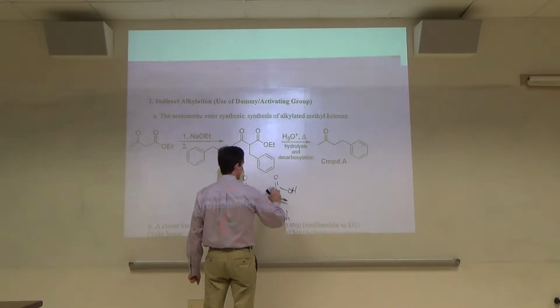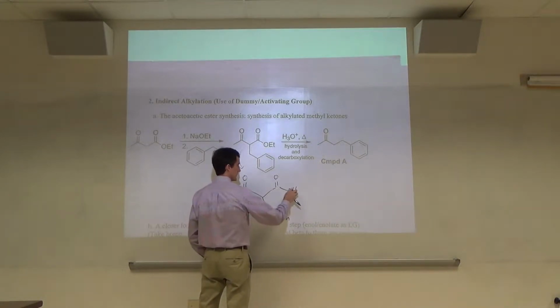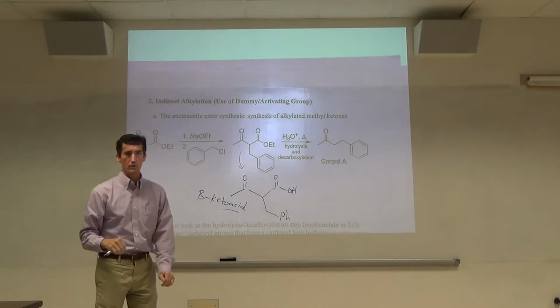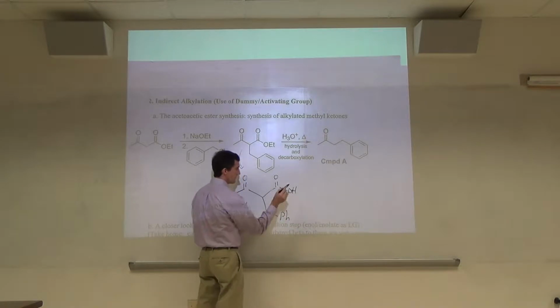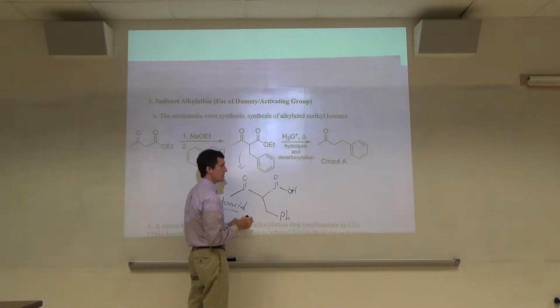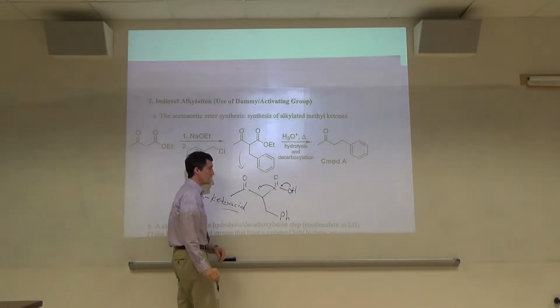Now your book probably shows a transition state here. I'll let you look in the book and learn about the transition state. I'm going to show you like this. Because anytime you make a pi bond and kick off a leaving group, that's easy to do, using a lone pair. Let's make a pi bond here, kick this off. What does that give?